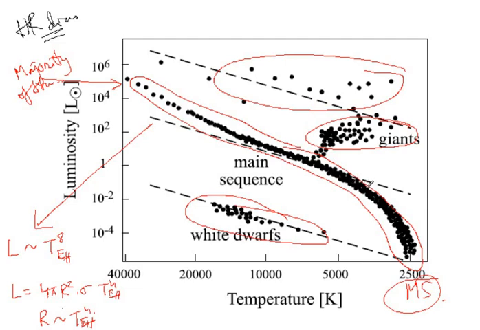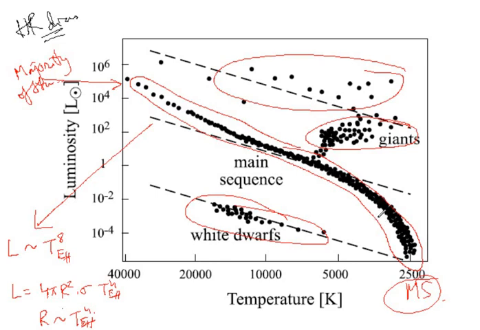Since the coolest stars have about half the surface temperature of the sun, and they lie around here, and the hottest ones are around 5 times the solar temperature, around here, the radii of the main sequence stars are in the range of about 1/4 to 25 times the solar radius.